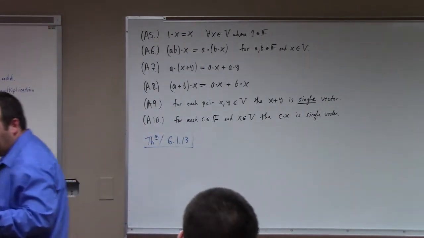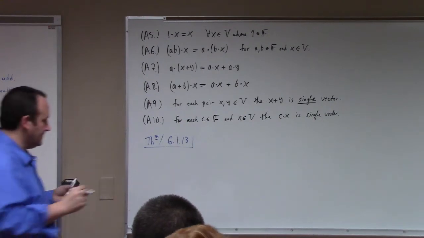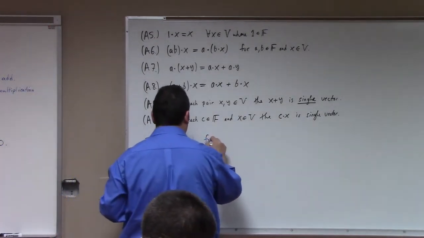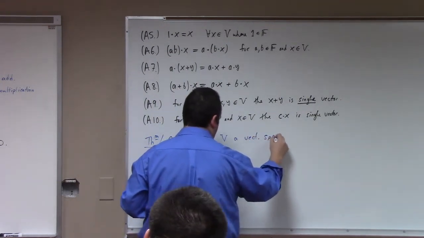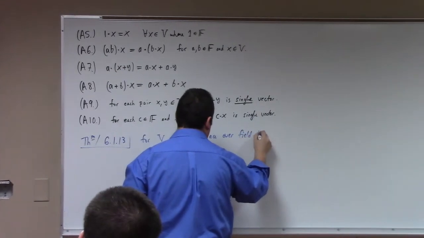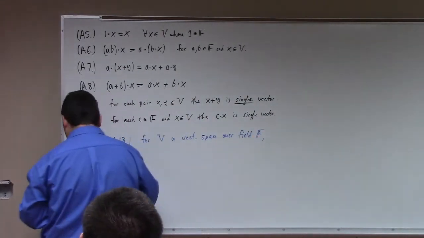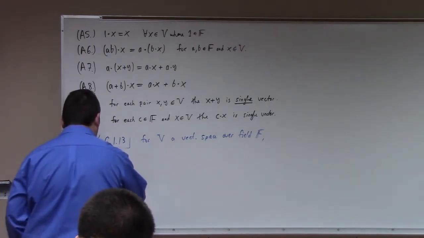What's it say? It says if you have a vector space over field F, we have the following results.